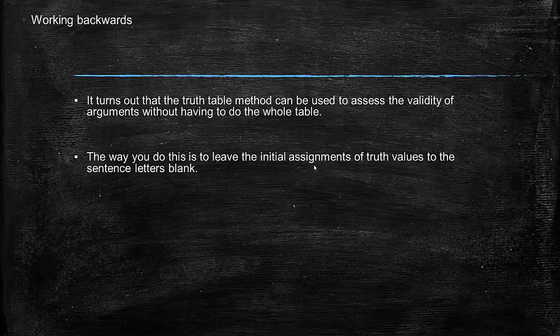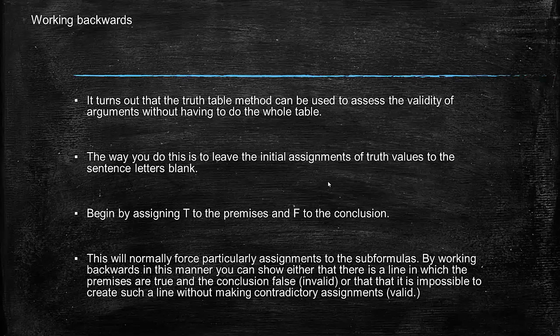The way you do this is you leave all the initial assignments of truth values to the sentence letters blank, and then you just assign true to the premises and false to the conclusion. And this is normally going to force a particular assignment of subformulas.